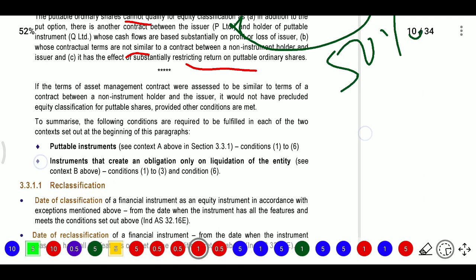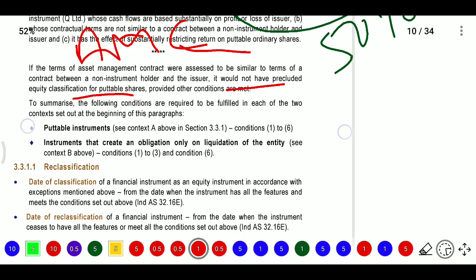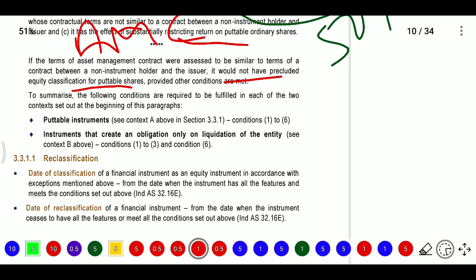If the terms of the asset management contract were assessed to be similar to the terms of a contract between a non-instrument holder and the issuer, it would not have precluded equity classification of the puttable shares, provided other conditions are met. So for a puttable instrument we need to see conditions 1 to 6, and for an instrument that creates an obligation only on liquidation we need to see conditions 1 to 3 and 6.